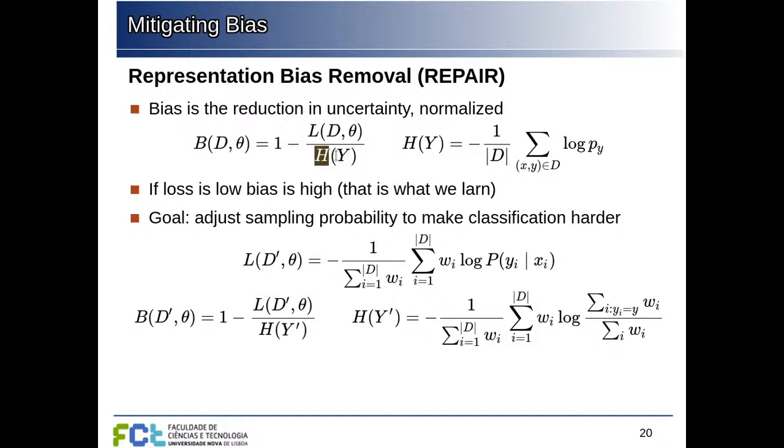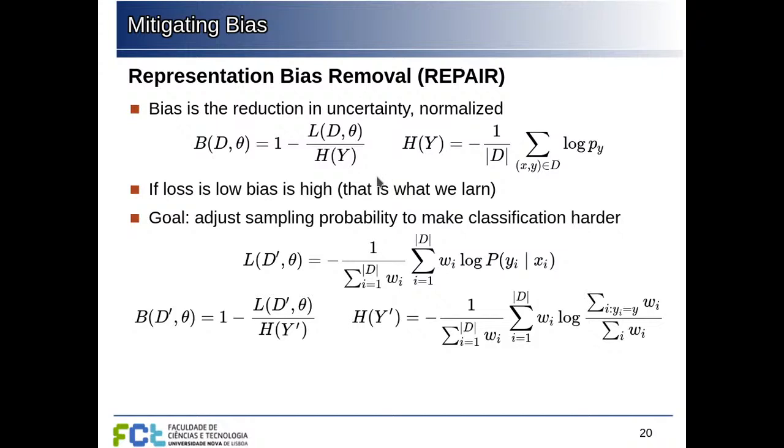Okay. But this is just to normalize this measure of bias for problems with different numbers of classes and different class distributions. The basic idea here is that the easier it is to classify the data set, the stronger the biases must be there.